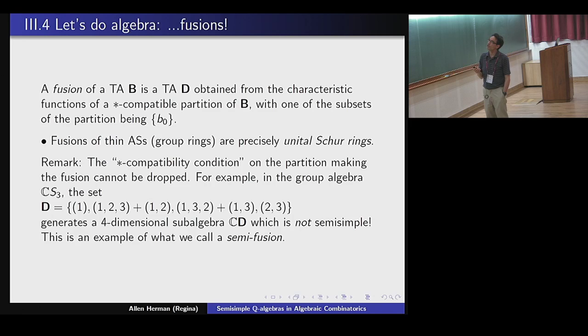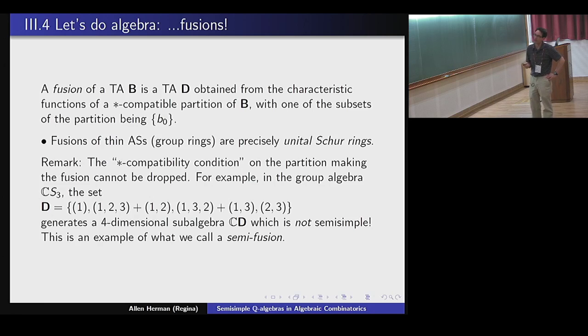To get a fusion, you have to take a partition of B, take characteristic functions on that partition, so just add up elements in each of your partition sets, and get something that is closed under multiplication. So D squared has to be in ND, and be star compatible, so that when I take star of something in D, I get another thing in D.